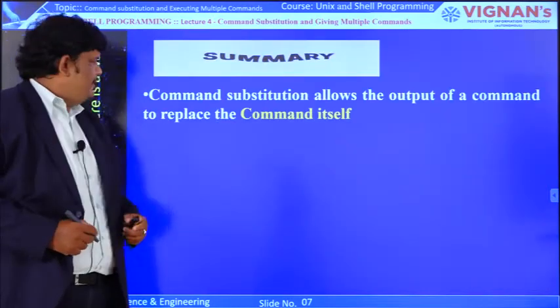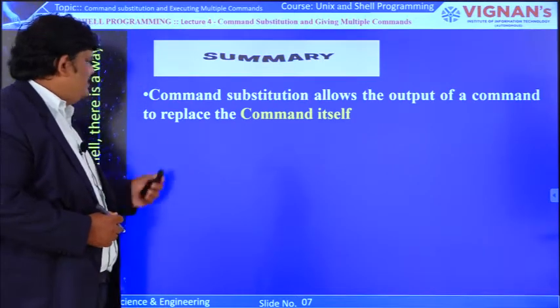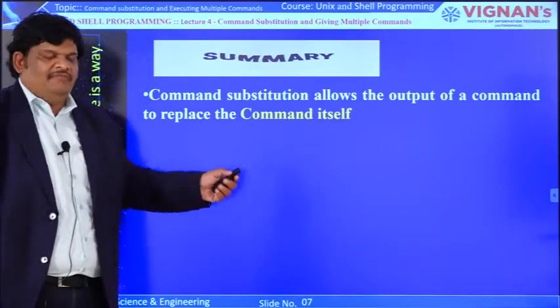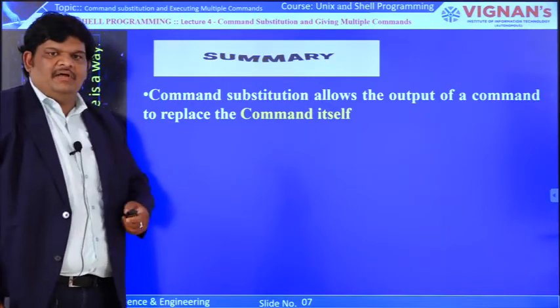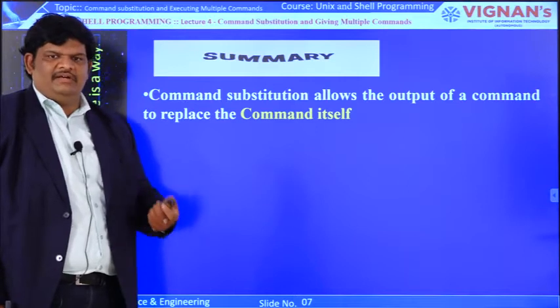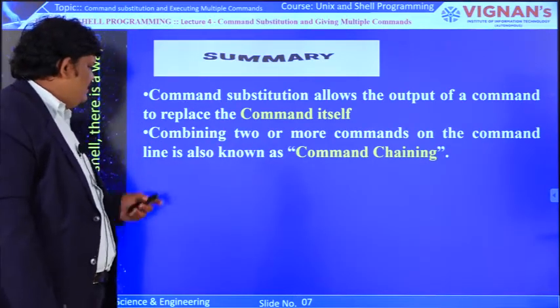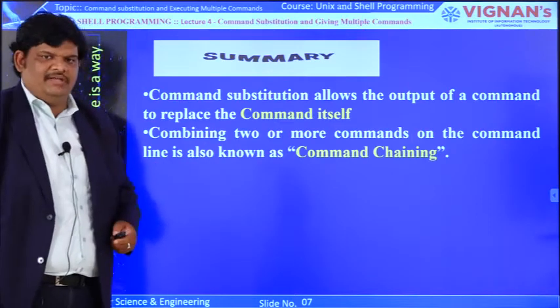Now welcome to the summary. We discussed command substitution. It allows the output of a command to replace the command itself with the help of backquotes or another syntax, $ symbol with parentheses, where we can write our command. And combining 2 or more commands on the command line is also known as command chaining.